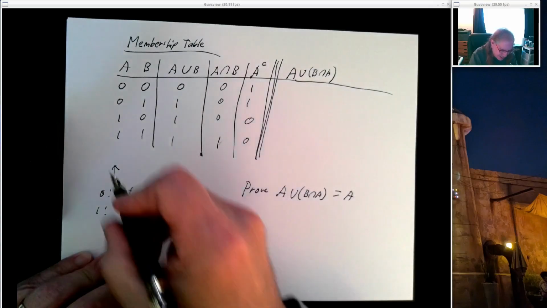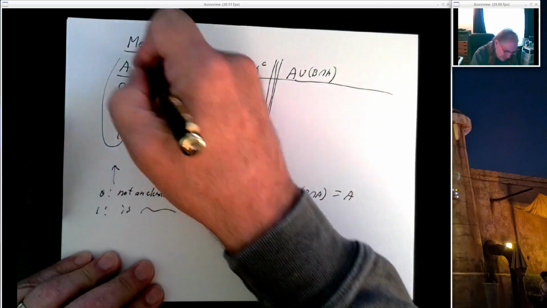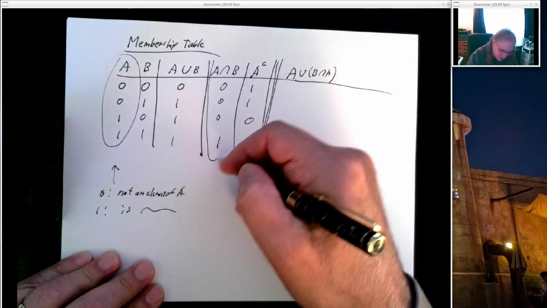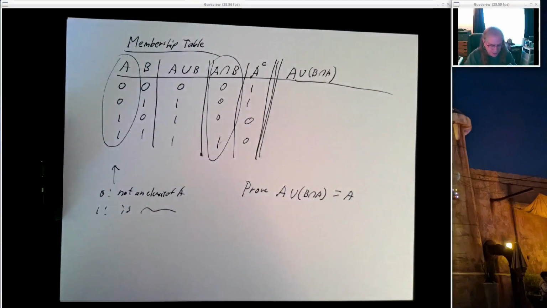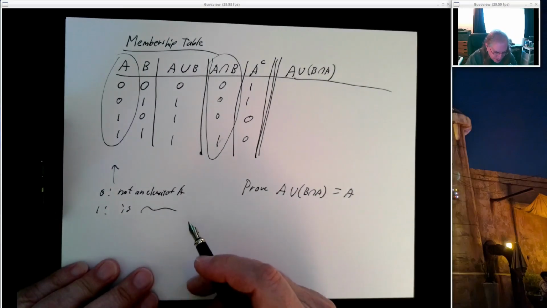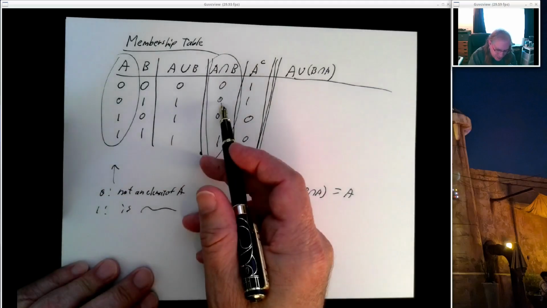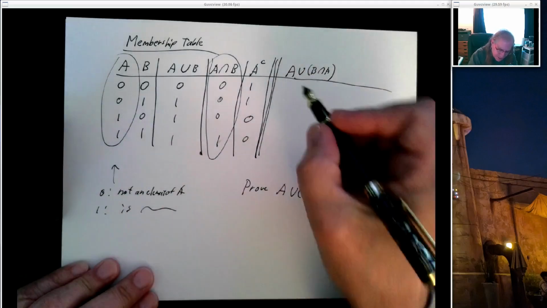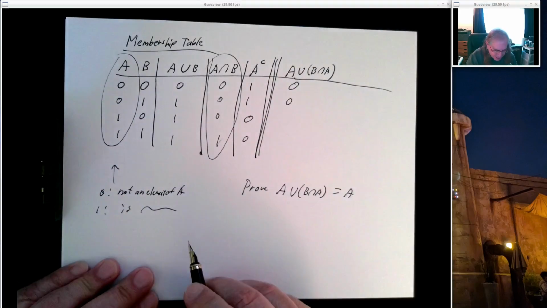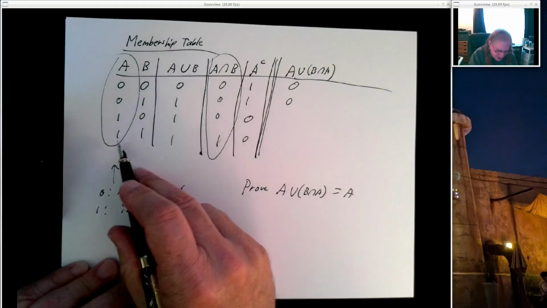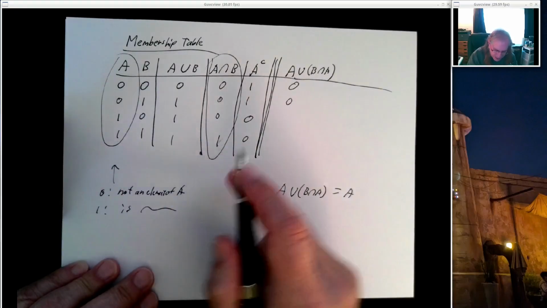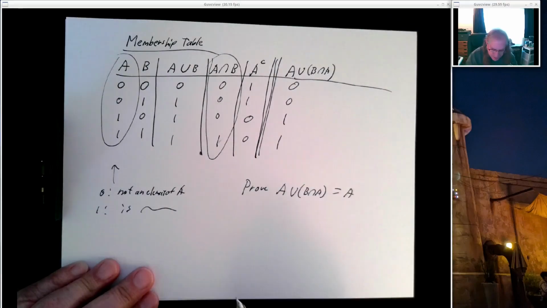So I'm looking at this column, and I'm looking at this column, and I want to take their union. Well, something belongs to the union if it's in one set or the other. So these first 2 rows, not in either set. But here it's in A, and here it's in both A and that intersection. So it's in both of those.